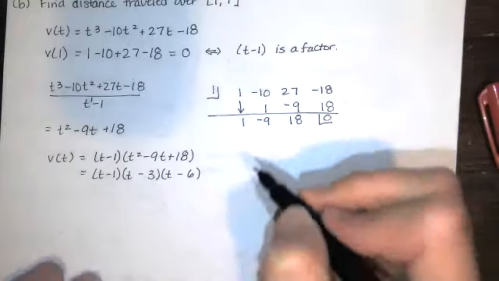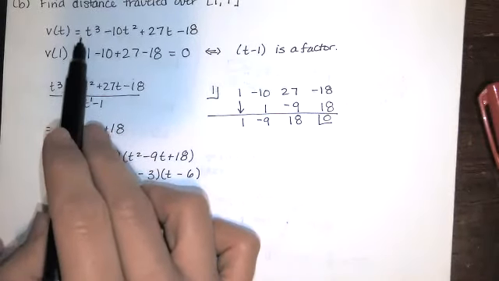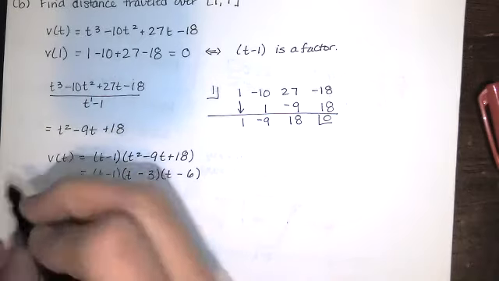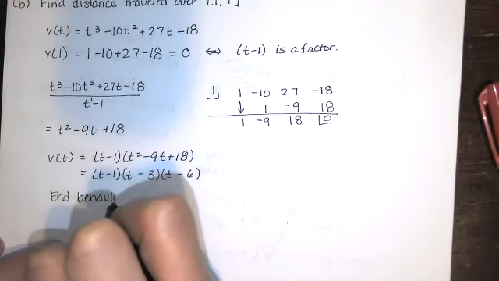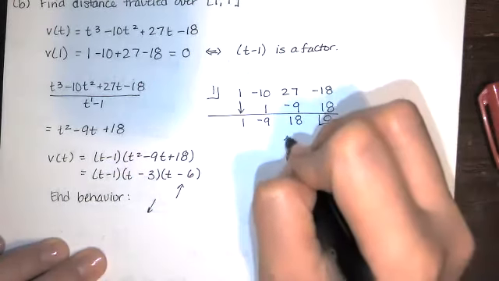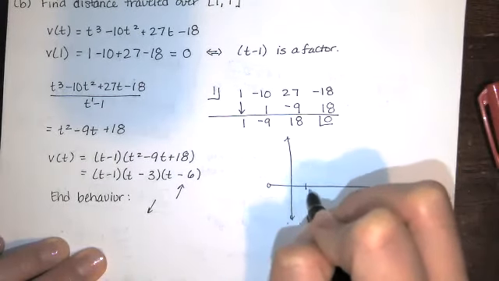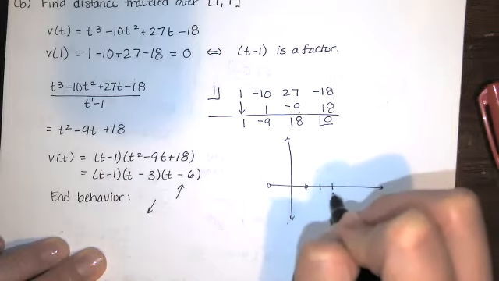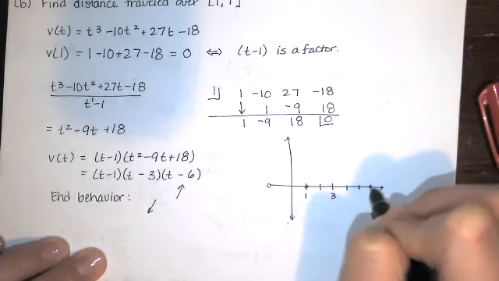Okay. And this is a cubic polynomial with a positive leading coefficient. So the end behavior is going to look like the end behavior for x cubed. It looks like that on the ends. So at t equals 1, it crosses, at t equals 3, it crosses, and at t equals 6, it crosses.